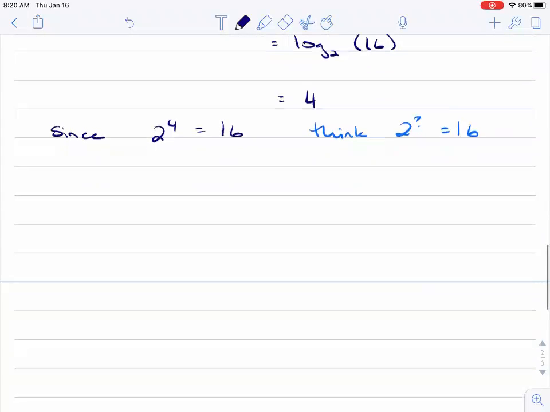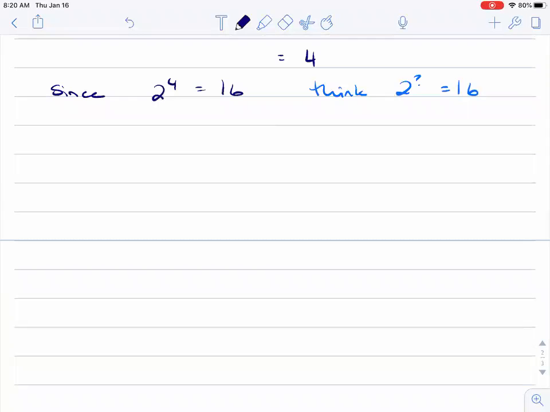So let's talk about natural logarithms. So all the laws that we established for base B apply to all the logs, or all the log laws are for all the logs.